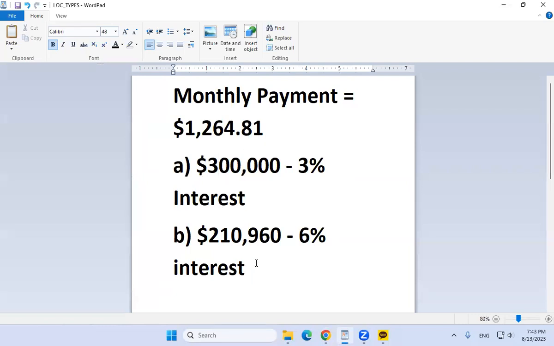So let's say you won the lottery today and you're able to pay off your house tomorrow. If you are in situation A, you've essentially overpaid by about $89,000, right? Whereas if you're in situation B, you've pretty much saved $89,000 because all you have to pay is $210,000.